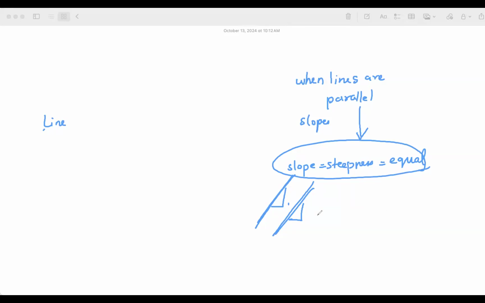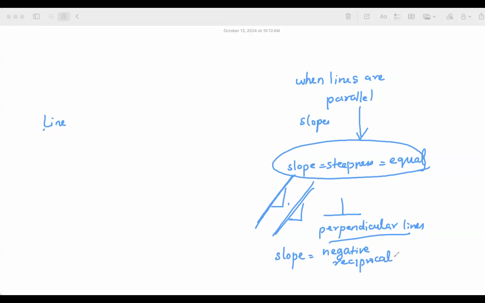Now, when lines are perpendicular, how will the slope be? They're the exact opposite, including the numbers. For example, if it's 5, it would be -1/5. Good job.